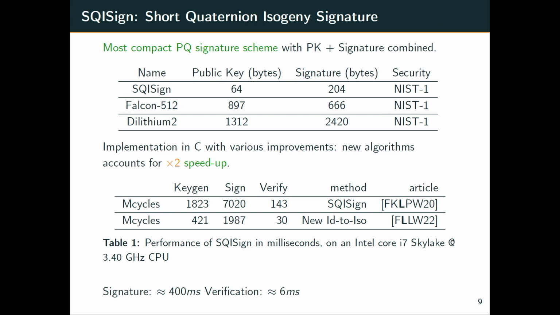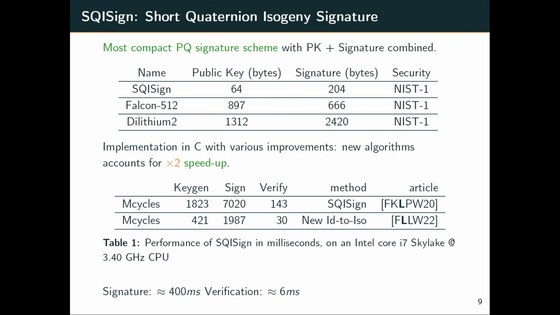The keygen also is much faster. Concretely, we obtained a signature scheme which is now signing in roughly 400 milliseconds, when before it was around 1 to 1.5 seconds. And the verification is around 6 milliseconds, while before it was like 20 milliseconds or something like that.